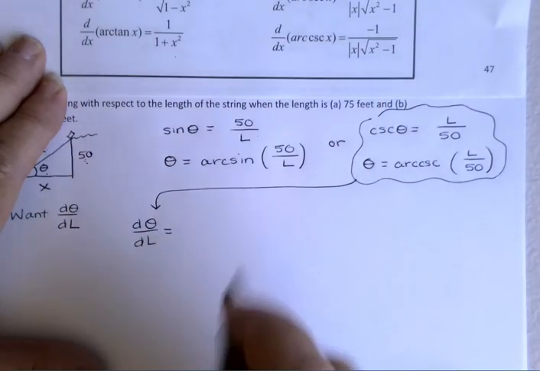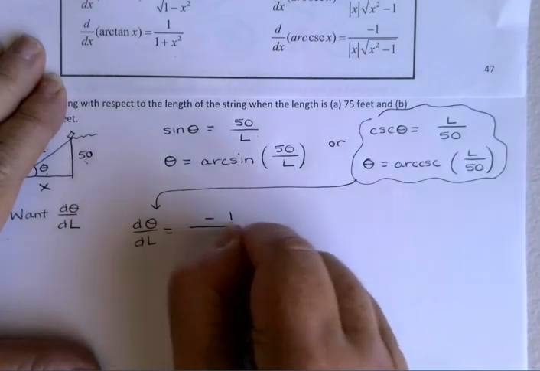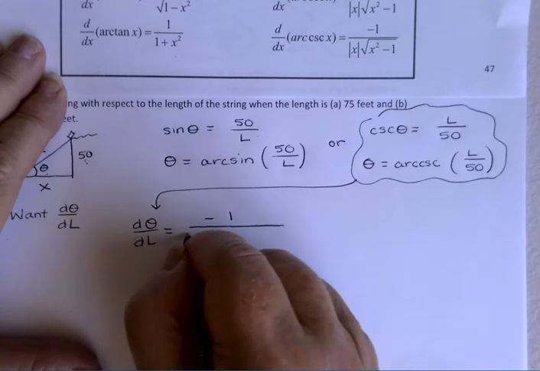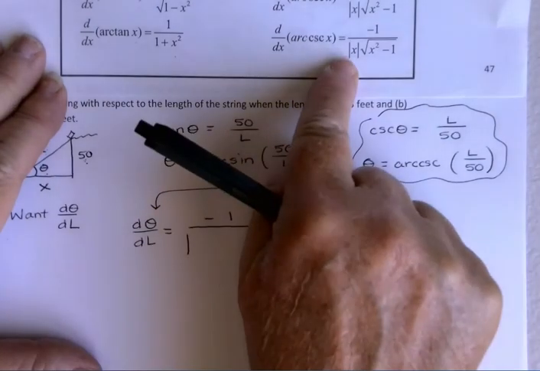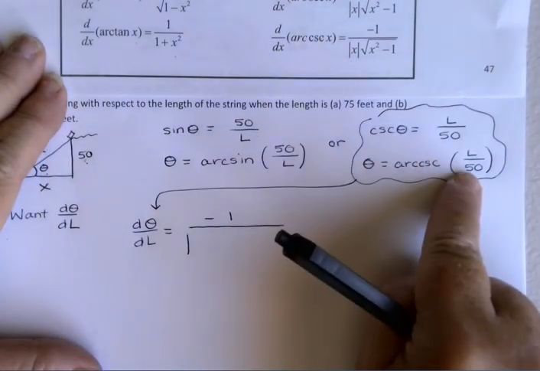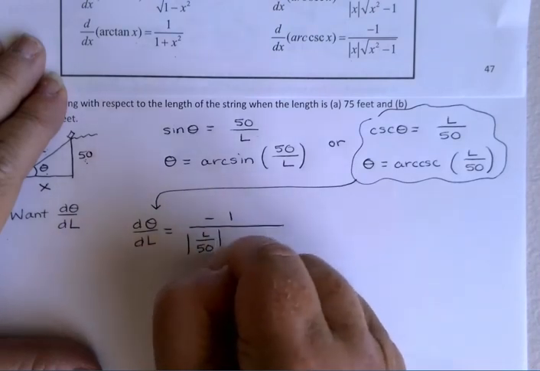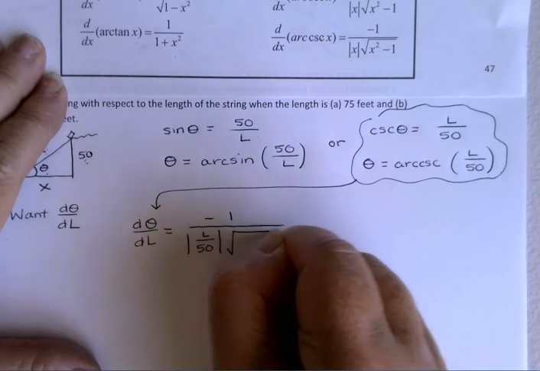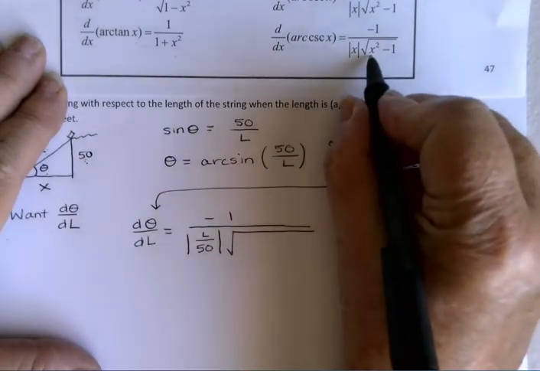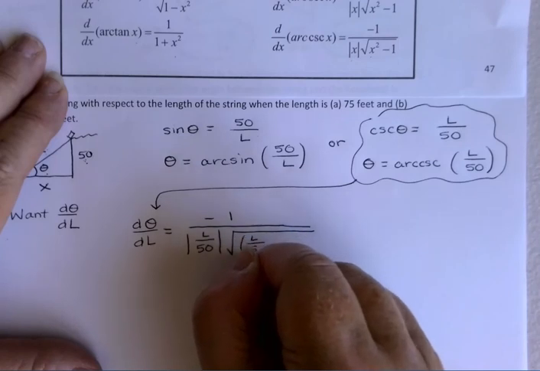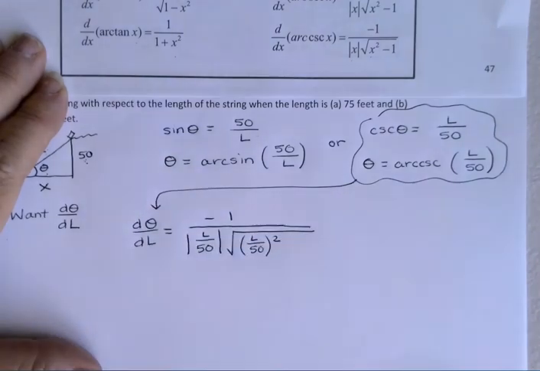So I'd have -1 over the absolute value of, and in this case, instead of x, we have L over 50, times the square root of, and again, instead of x, we have L over 50 squared minus 1.